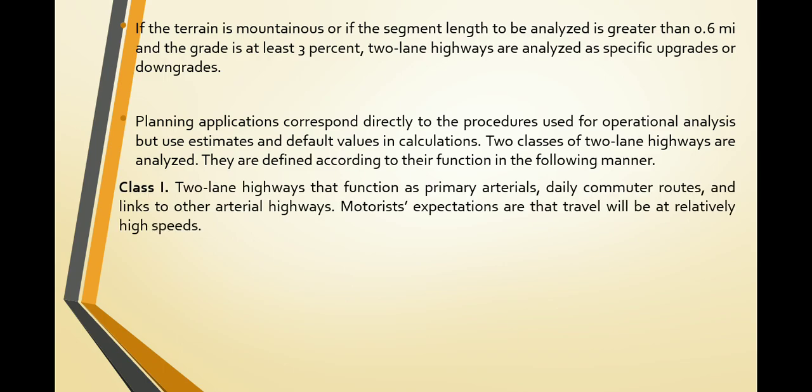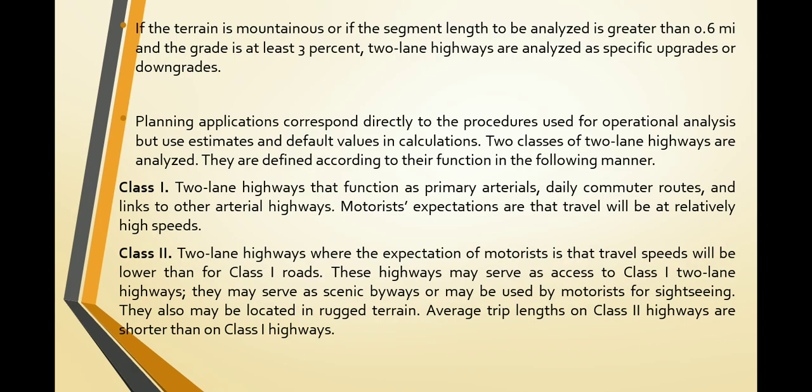Class 1: two-lane highways that function as primary arterials, daily commuter routes, and links to other arterial highways. Motorist expectations are that travel will be at relatively high speed.